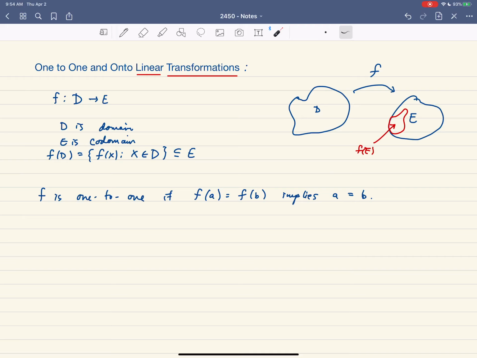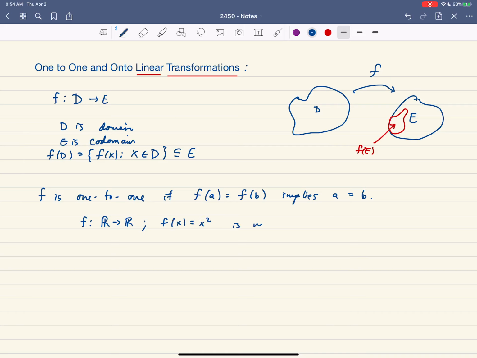So being one-to-one says that if you have two y values of your function that are equal, f of a and f of b, the only way that can happen is if actually you have the same input plugged in for both. So, for example, I think a good starting example is the function mapping the reals to the reals given by f of x equals x squared.